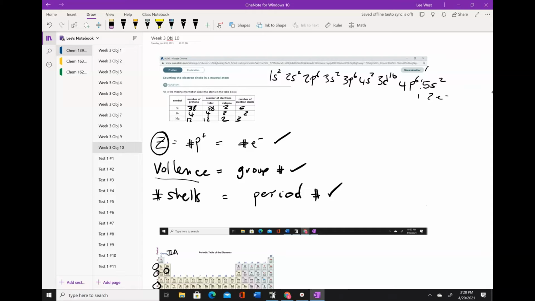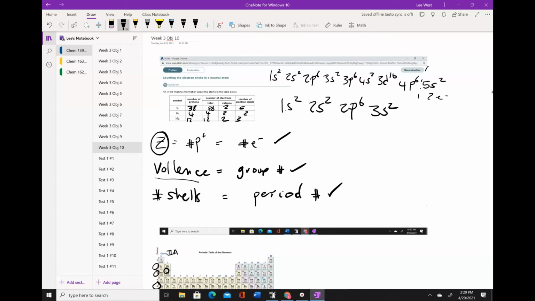All right? So if I look at beryllium, 1s2, 2s2, we can see it has 1, 2 shells, just like we wrote there, and then it has 2 valence electrons, 2 electrons in that outermost shell. So again, we didn't have to write out the whole electron configuration to get that. What about magnesium? 1s2, 2s2, 2p6, 3s2.